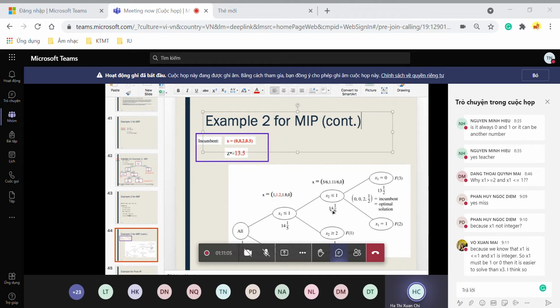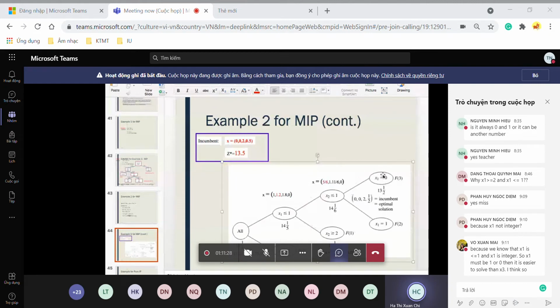So we should have x1 equals 0 and greater than 1, less than 1. So x1 will be equal to 1. So that's why we have 0 and 1. Because here it is not integer, so we must resolve that.